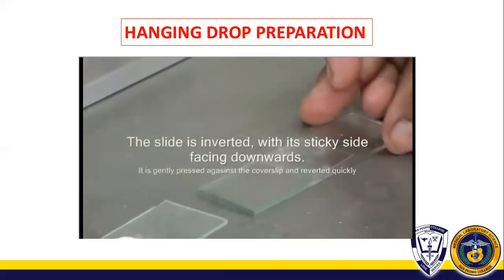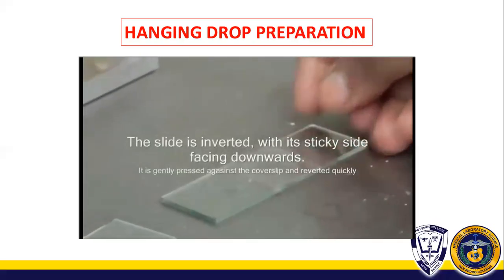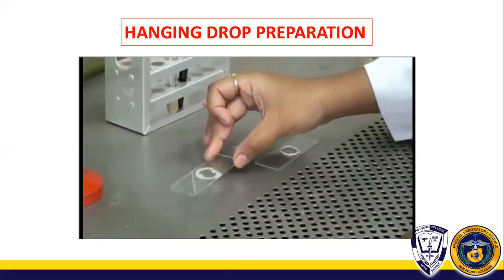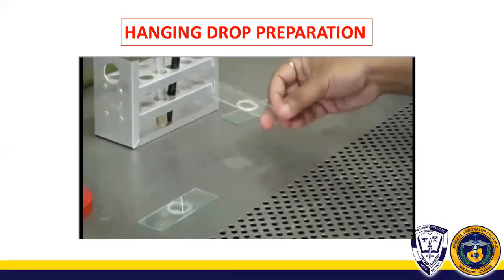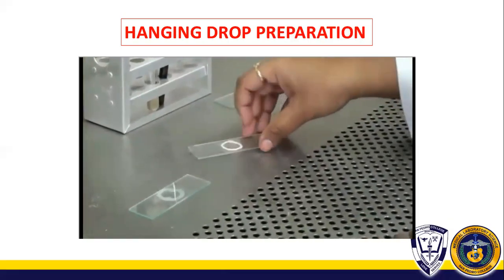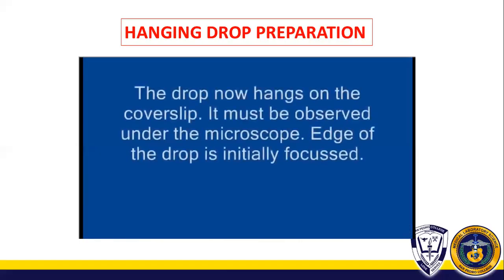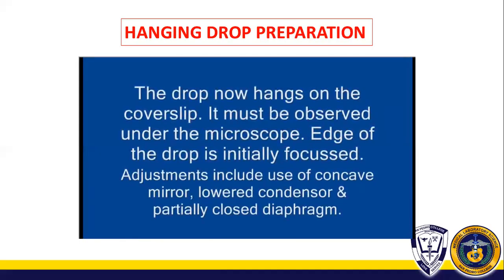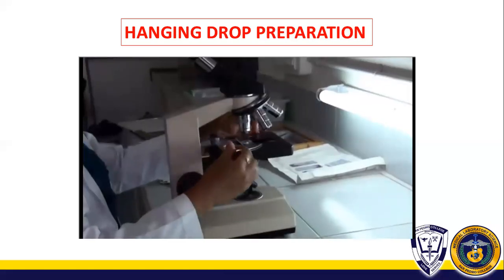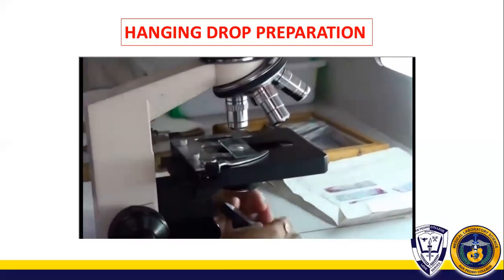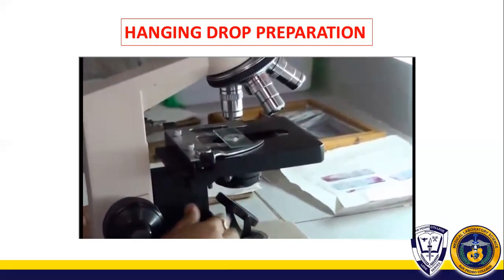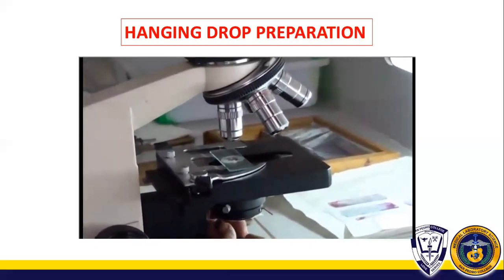Then the slide is inverted, allowing the cover slip to stick to it. The drop of organism hangs on the cover slip because of the presence of the paraffin wax. If you don't have paraffin wax, you can use petroleum jelly. For initial viewing, you have to look for the edge of the droplet.